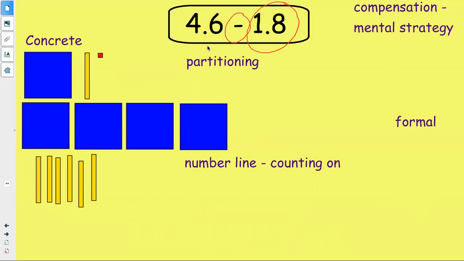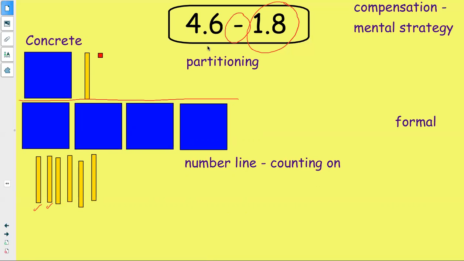Now it's quite easy at the moment to take 1 whole away. Now I'm just going to make sure that I'm putting a line here. So we're looking at the ones below the line, not above the line. It's easy to take 1 whole away because you can see that there's 1 whole there, but there is not 8 tenths. I only have 1, 2, 3, 4, 5, 6 tenths. So I'm going to have to exchange.